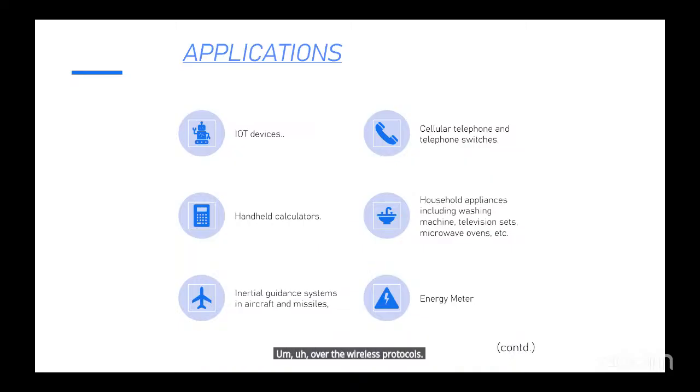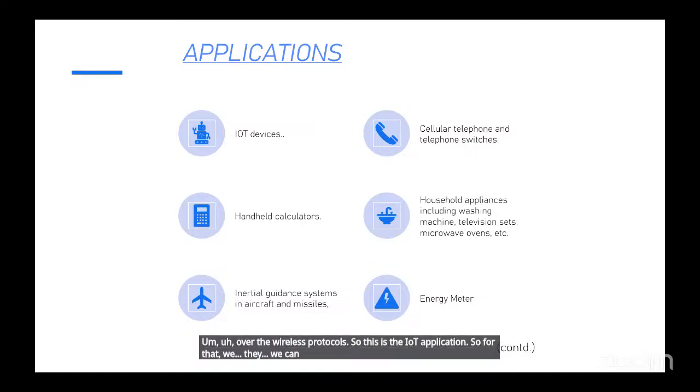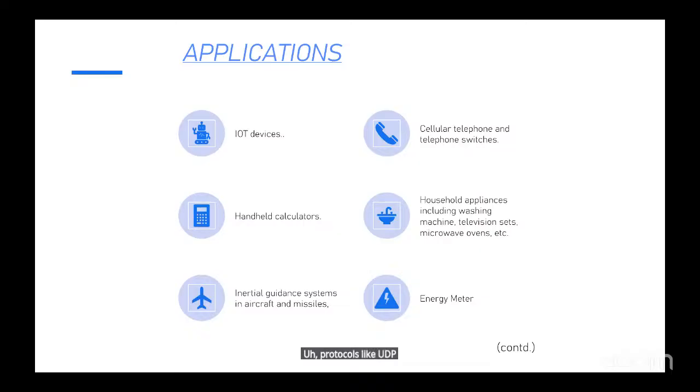This is an IoT application. For that, we can use certain protocols like UDP, IPv4, CoAP, MQTT, the Wi-Fi protocol, and the Bluetooth protocol. These all have their own protocols, and these are the software side.